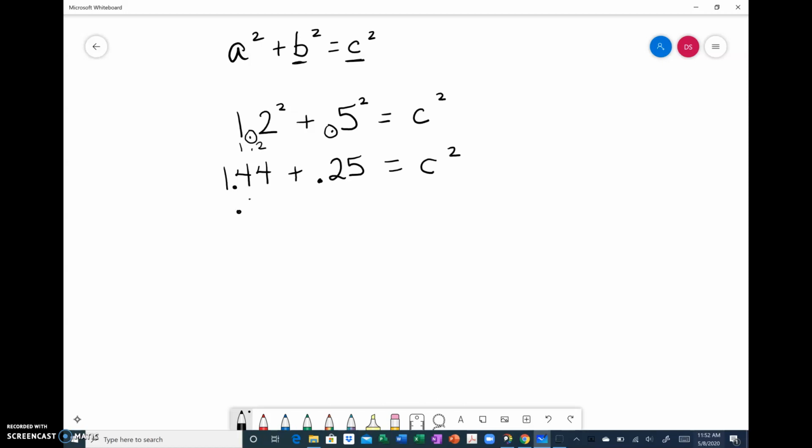Then I'm going to add 25 hundredths to 1 and 44 hundredths to get 169, okay? And again, you can look over at your perfect square to see that 13 squared is 169. So I just need to apply my decimals again, all right? And you will notice it's the same as this.